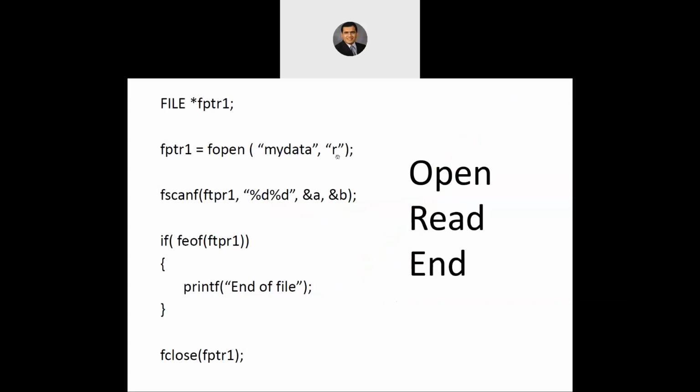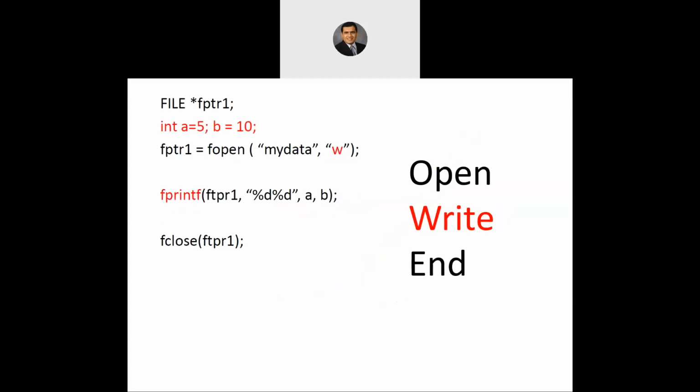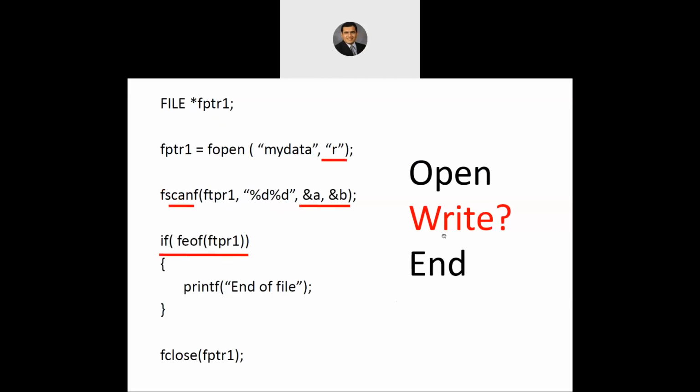Since R is associated with reading, for writing, we can replace it with W. Okay? So, when you say, open mydata, and say W, that means, hey, now I'm going to do a writing operation. I'm going to write data. Now, when you are reading, you use fscanf.